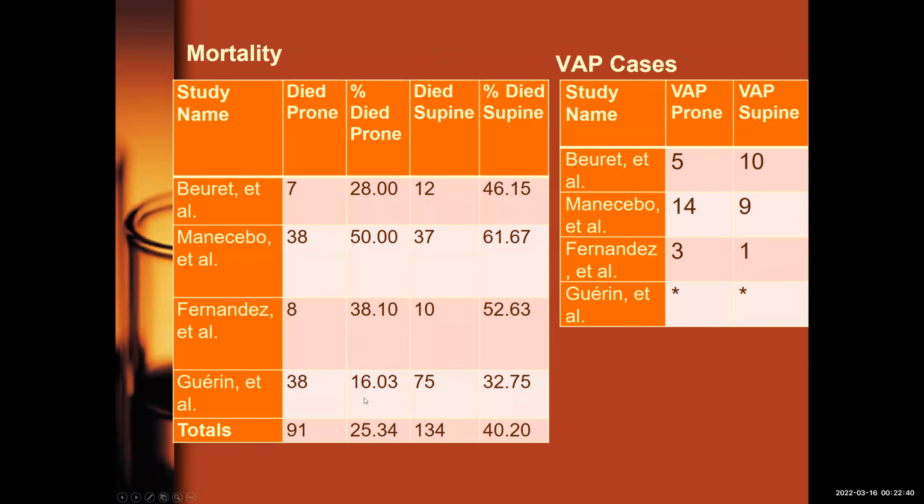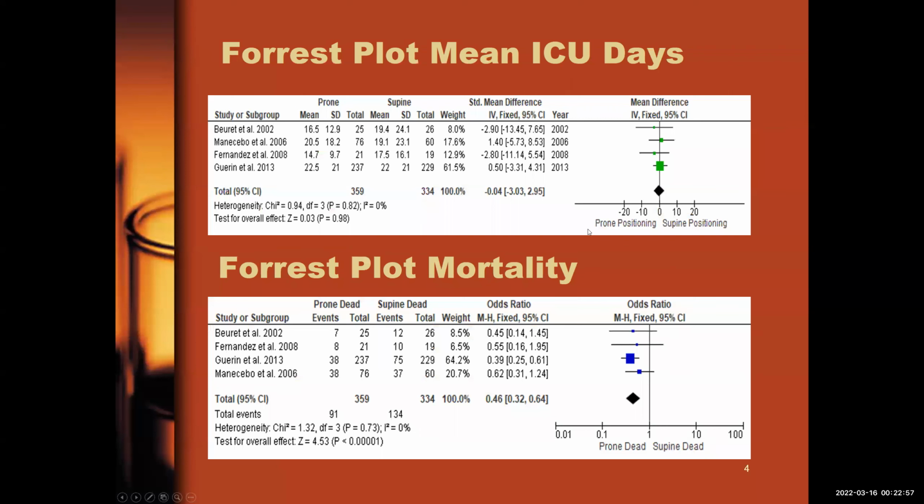So we can see an advantage there for prone positioning. For ventilator-associated pneumonia cases, it didn't vary by much. The study by Urine and others didn't have any ventilator-associated pneumonia cases that they included in the results, so I didn't include it.